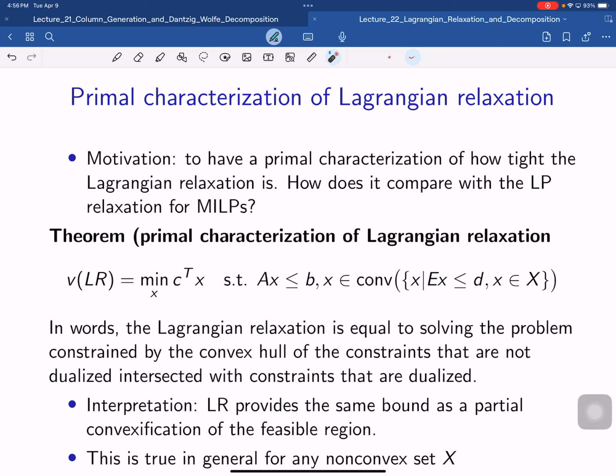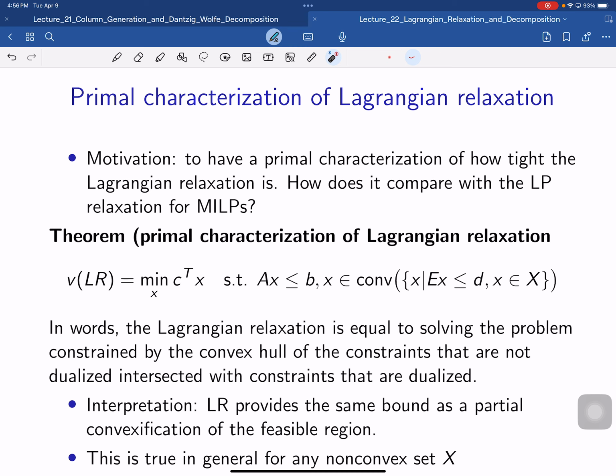Here's a theorem that describes how tight the Lagrangian relaxation is in terms of a relaxation of the primal problem. If you directly look at Lagrangian relaxation, it involves a max-min problem, and it's very hard to get an intuition of how tight that bound is. But this theorem gives you how tight it is in terms of the primal problem.